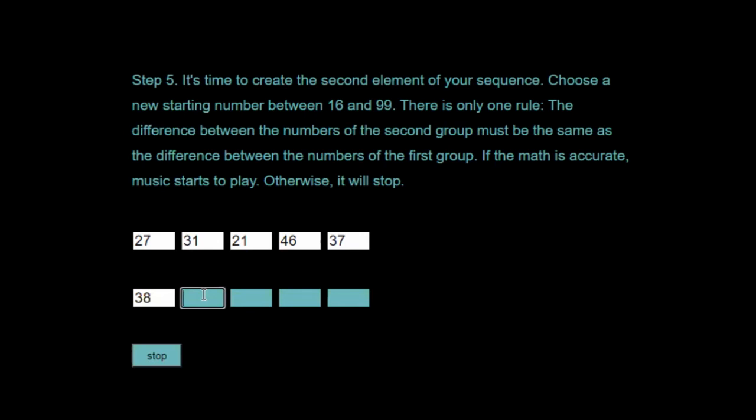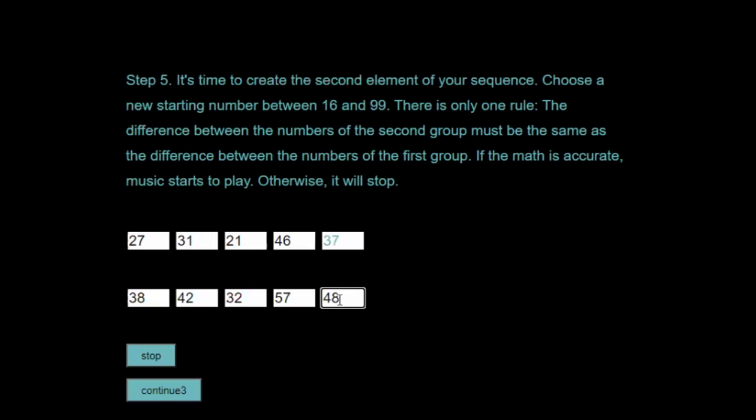It will be 42, 32, 57. And if the calculation is correct, music will start. Otherwise it won't. 48. It works.